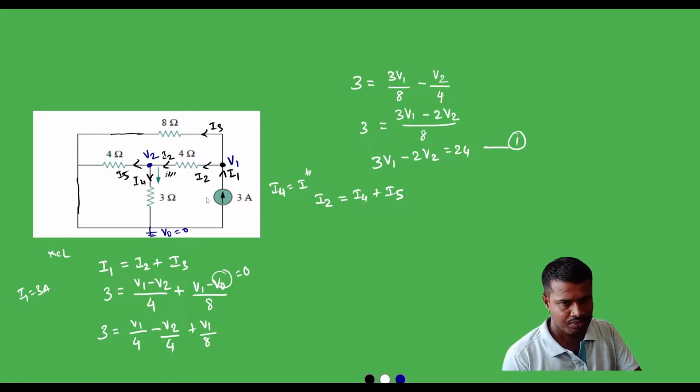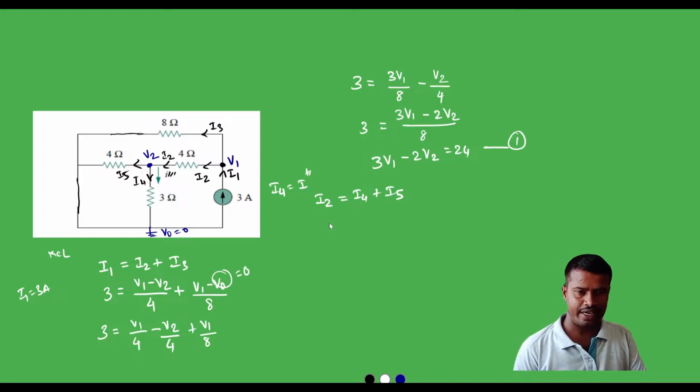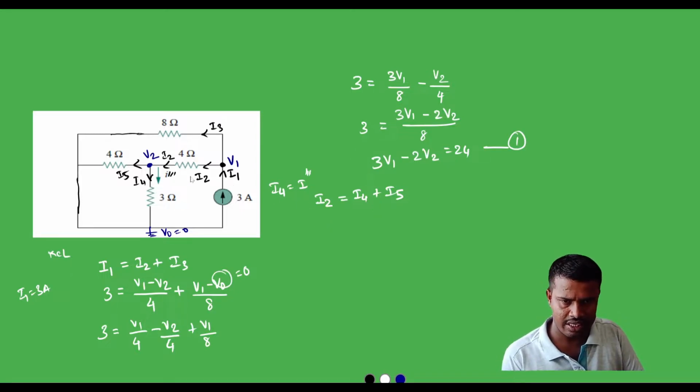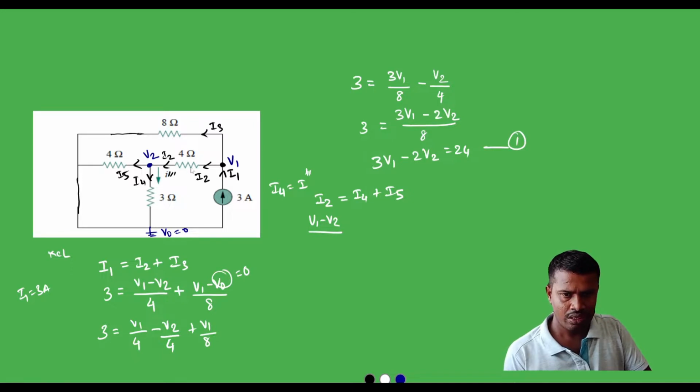Fine. Now here also we will apply nodal analysis to find the values of I2, I4 and I5. The value of I2, as we have already seen, is V1 minus V2 divided by the resistance 4 ohm, which is equal to I4 plus I5.